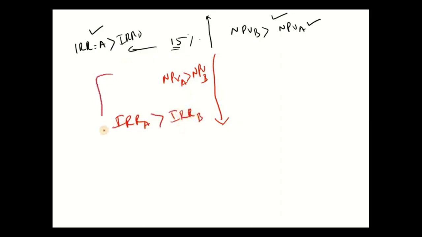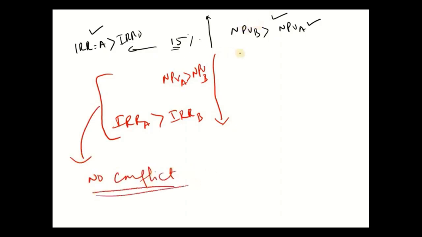So it means after 15% there is no conflict. Okay, so there is a difference between before and after. Before 15% there is a conflict, and after 15% there is no conflict.